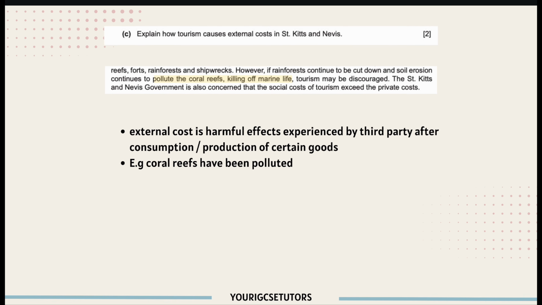So first one, external cost is harmful effects experienced by the third party after consumption or production of certain goods. And you can give an example. For example, here, coral reefs have been polluted, or marine life have been destroyed.